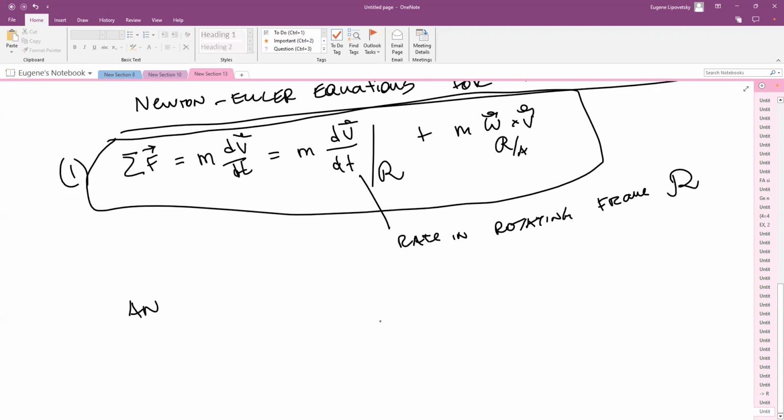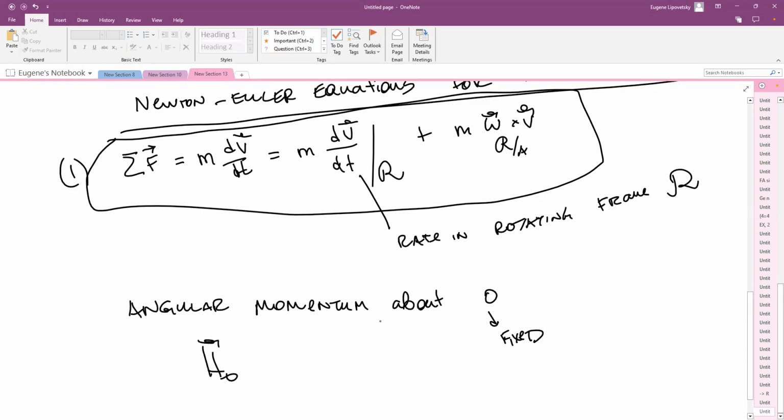The angular momentum, as we developed sometime in the past, about point O, that is a fixed point, H_O equals the tensor of inertia I about O times vector omega.